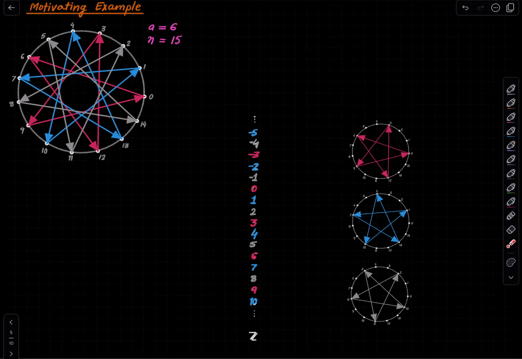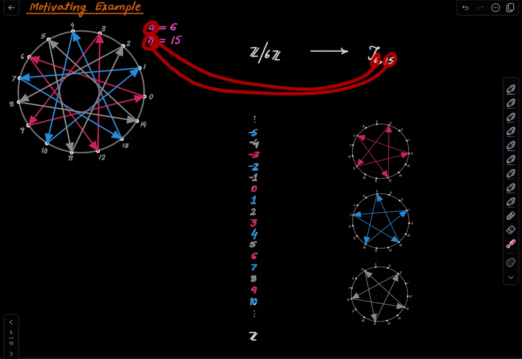So by the factoring property, we get a function from Z mod 6Z to the set of all the colors, or you can say the set of all the trajectories. This notation is the set of all these trajectories where the 6 is A and 15 is N. So this is a set of size 3.